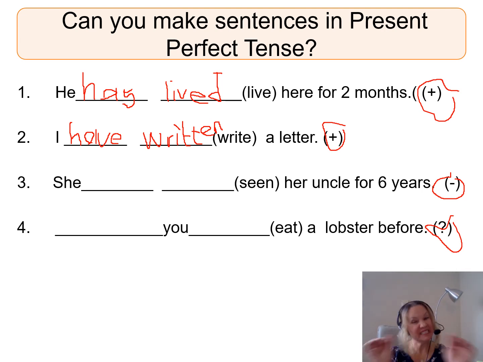Let's have a look at number 3. So this is a negative sentence, remember. Pause the video, do it yourself first. She seen her uncle for 6 years. She, negative. She haven't or she hasn't?